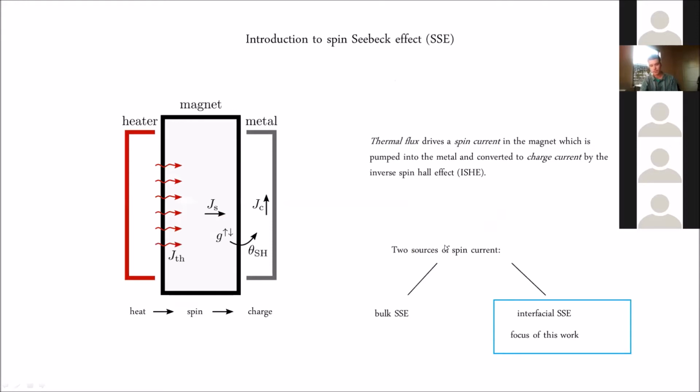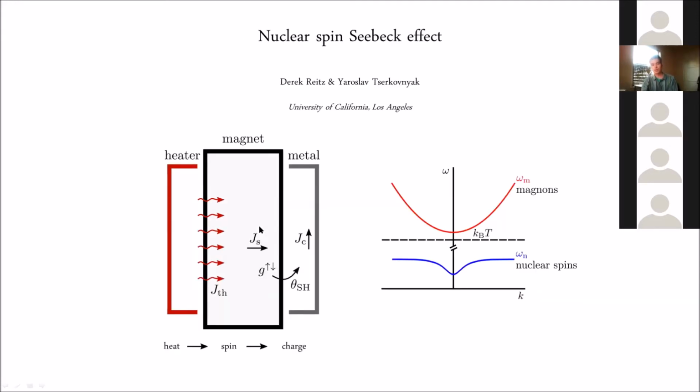So there's two types of spin. Also, one thing to mention, I'll be looking at low temperatures below the magnon branch, so that the nuclear spin-Seebeck effect is actually a significant contribution.